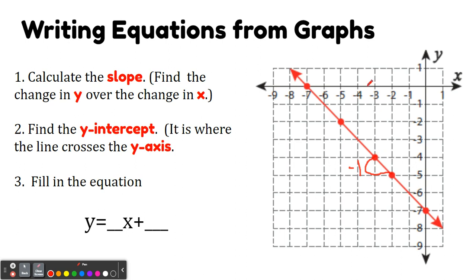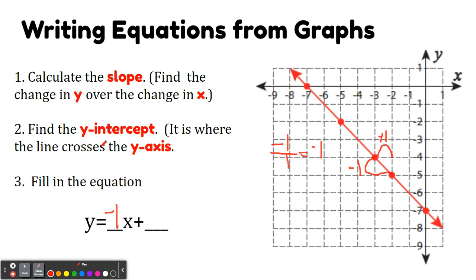Let me see how far we go over. This is going from -3 to -2. So, I am going up 2 or up 1. We end up with a slope of -1 over 1, which just ends up being a slope of -1. So I can start filling in the equation right here, and I can put a -1 here.